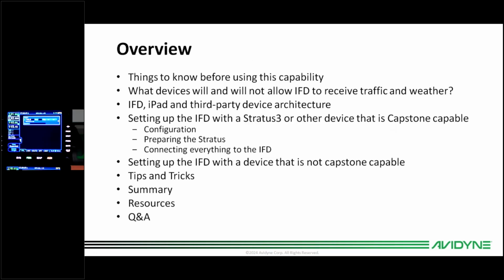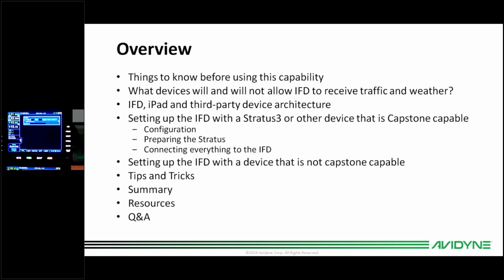We'll get to them. So here's what we're going to be going over today. Things to know before using this capability of the IFD. What devices will and will not allow the IFD to receive traffic and weather. IFD, iPad, and third-party device architecture, so understanding how these devices all work together.